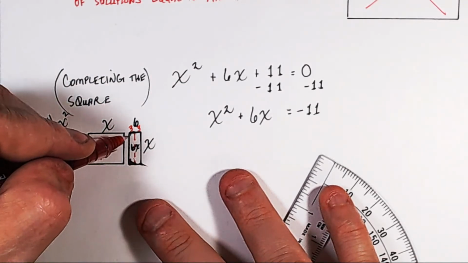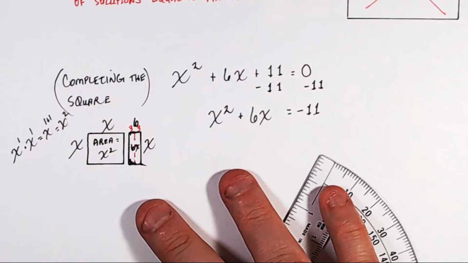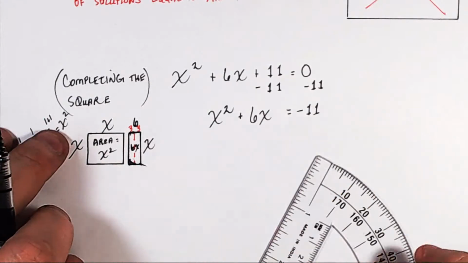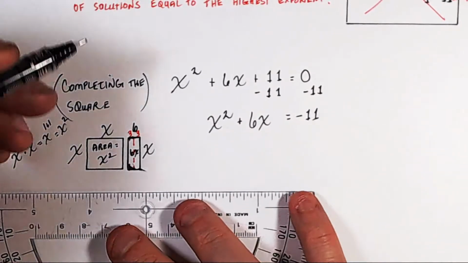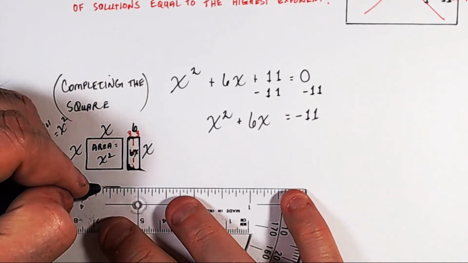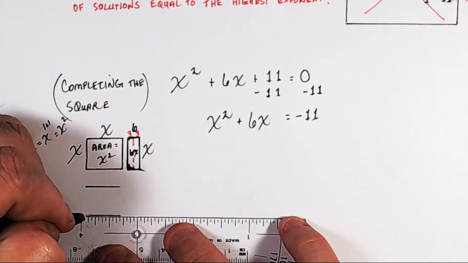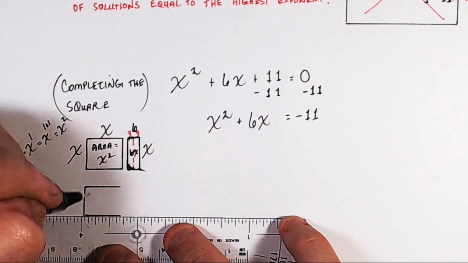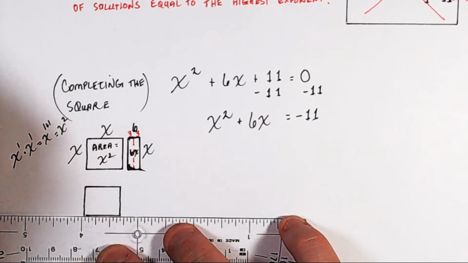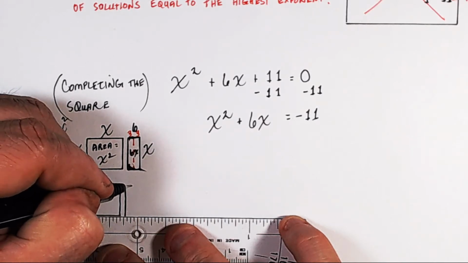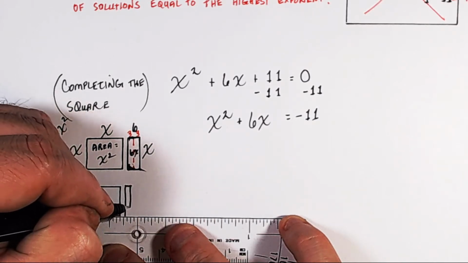So the area of each of these little rectangles will be 3x. Let's just draw it all again so we get a clear idea of what we're doing. So I am drawing my square again. And then next to it I'll draw a small rectangle.